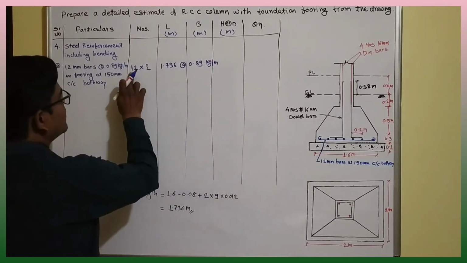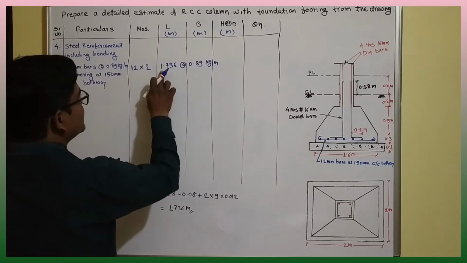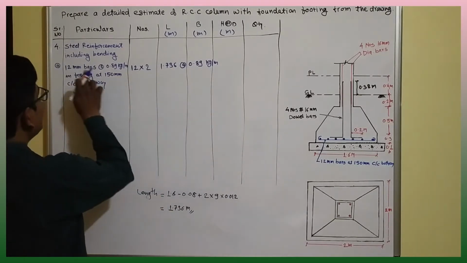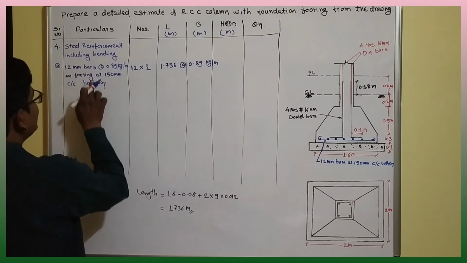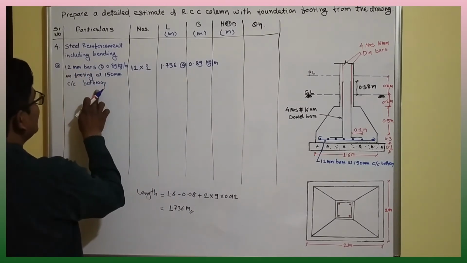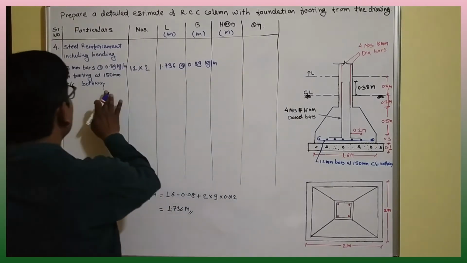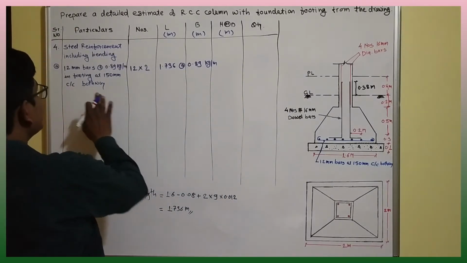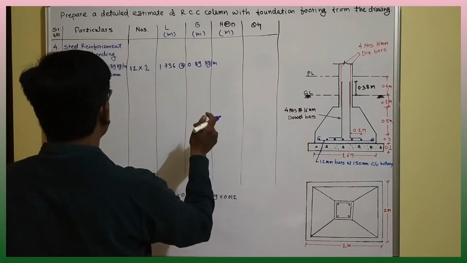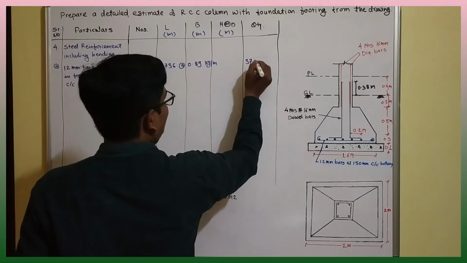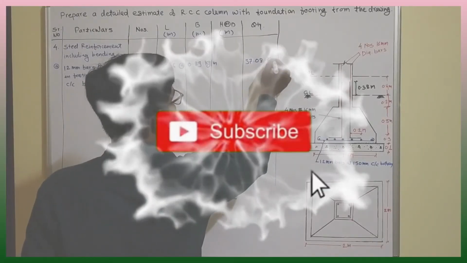So after multiplying these numbers, length and per meter weight, we will get the total weight of the 12 mm bar in both ways. After multiplying these values, we will get the total quantity of 12 mm bars in both ways. So it will be 37.08 kg.